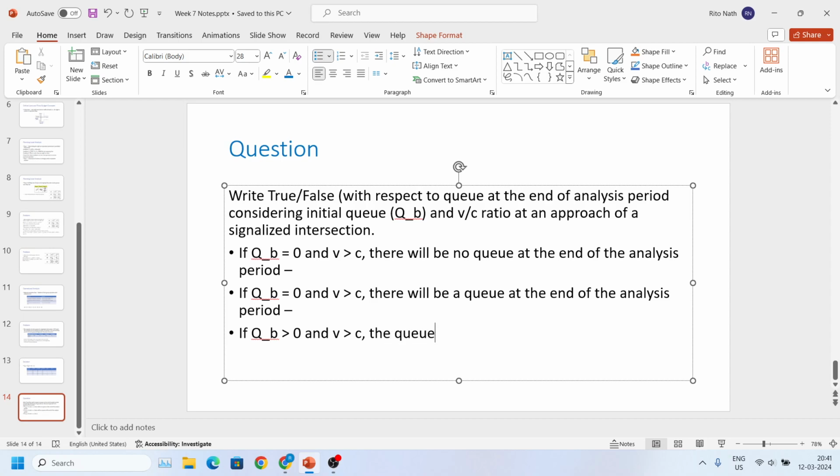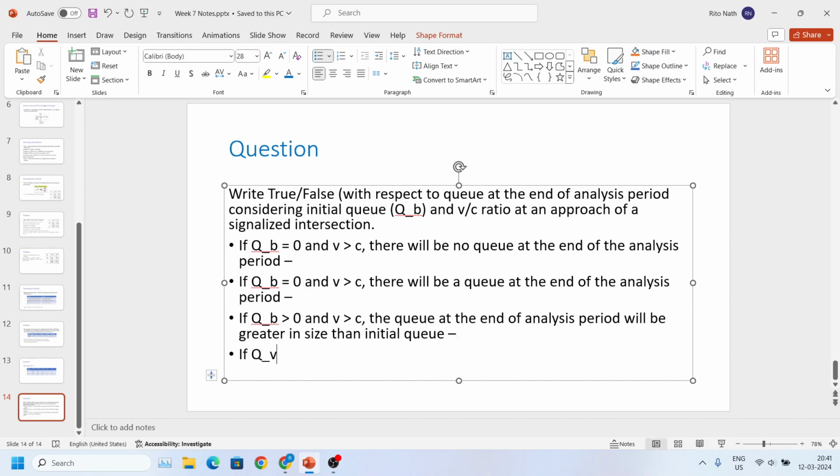The Q at the end of analysis period will be greater in size than initial Q. And the fourth one is if QB is greater than 0 and V by C less than 1, the Q at the end of analysis period will be greater in size than the initial Q. It's the same statement.